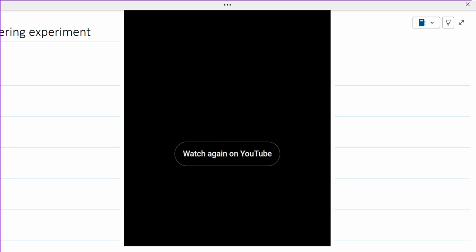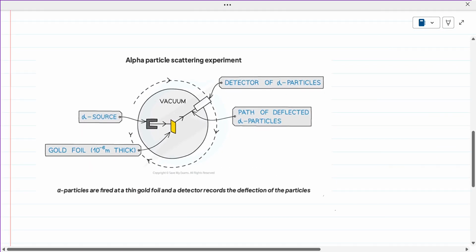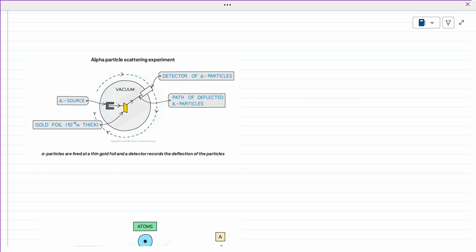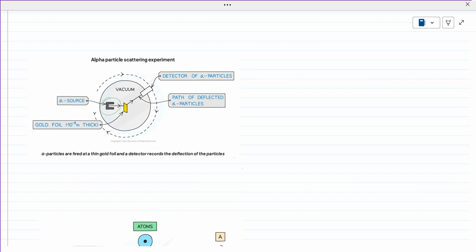Okay, so we have discussed the thing which we had already learned in O levels. Now we are going to discuss the arrangement and all the parts of the apparatus that we used here. As you can see, we have an evacuated vacuum. This one is a lead chamber. In it we have a source of alpha particles, then we have the gold foil.